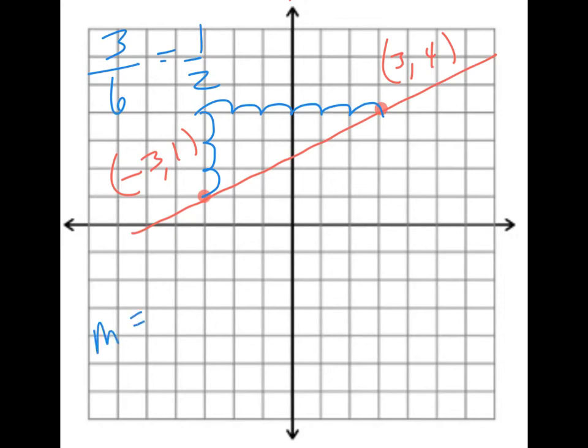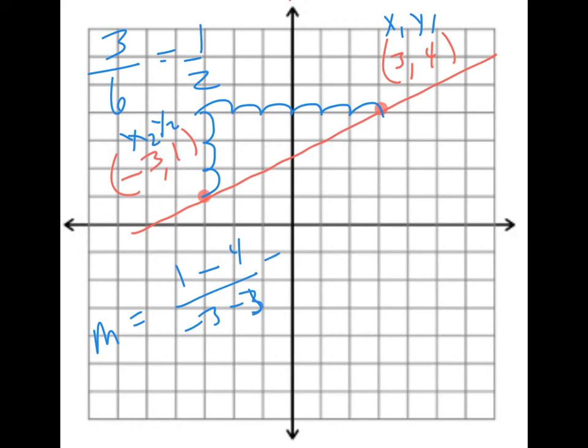So again, let's pick our 1's and our 2's. We'll call this one y2, this one x2, and call this one y1 and this one x1. So y2 is 1, y1 is 4, x2 is negative 3, and x1 is 3.